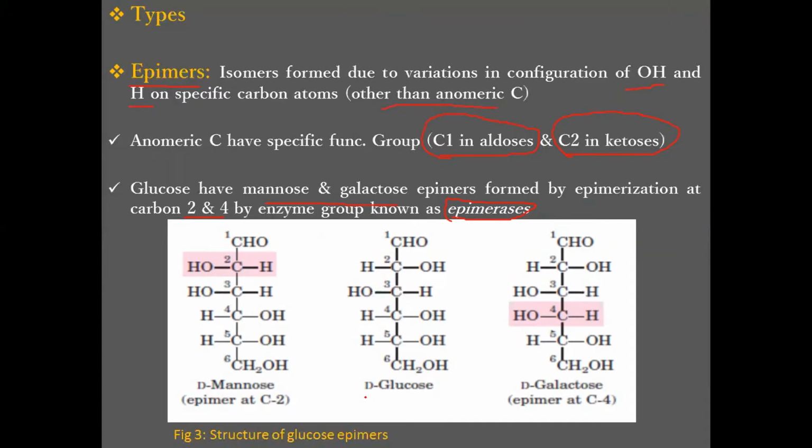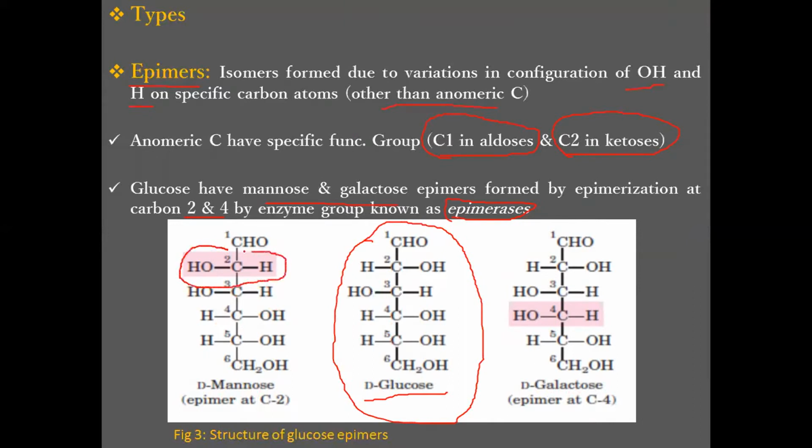In figure 3 you can see the structure of glucose epimers. This is D-glucose. This is carbon 1, carbon 2, carbon 3, carbon 4, carbon 5, carbon 6. The epimers of glucose, mannose and galactose, differ in the configuration of H and OH, mannose at carbon 2.